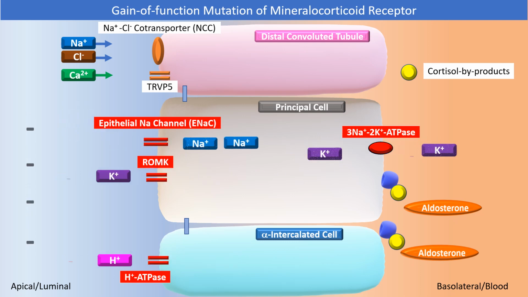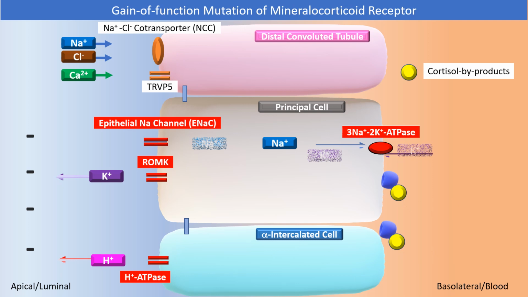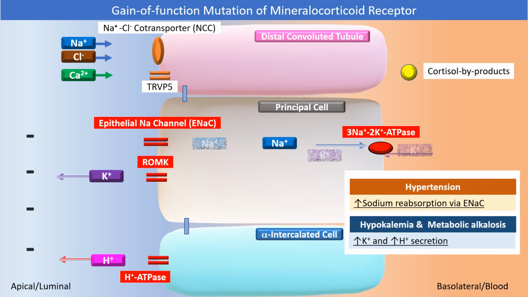This gain-of-function mutation allows the mineralocorticoid receptor to be activated in the absence of aldosterone. Patients present with the clinical triad of hypertension, hypokalemia, and metabolic alkalosis, similar to patients with hyperaldosteronism.